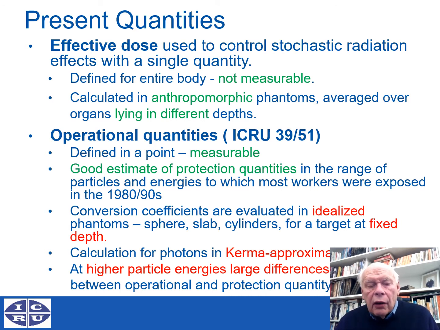On the other hand, the conversion coefficients are evaluated in simple idealized phantoms, spheres and slabs, and they are calculated only for a fixed depth. For photons, the kerma has been calculated with the kerma approximation, and at high energies, generally the operational quantities differ substantially from the effective dose.